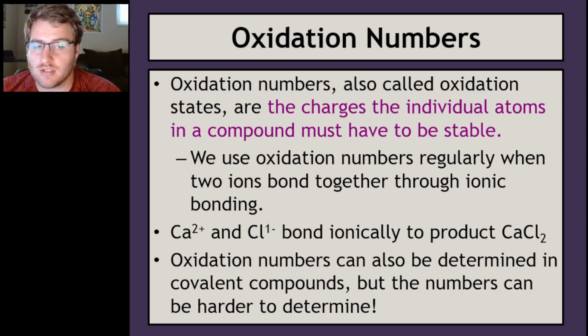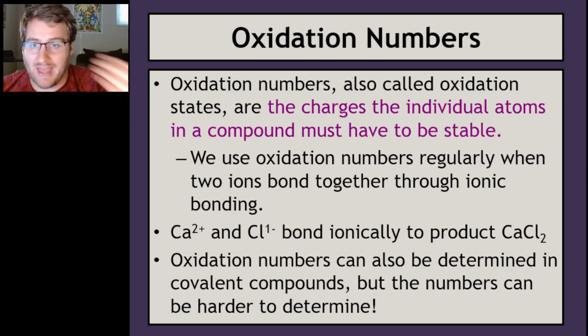We use oxidation numbers regularly when two ions bond together through ionic bonding. So, we have some calcium and chlorine. I have calcium 2 plus, chlorine 1 minus, and those charges basically tell you what needs to happen for that to be satisfied. This calcium needs to lose 2 electrons. Chlorine needs to gain 1 electron. So we can figure out the ratio that they need to bond is CaCl2. I need 2 chlorines to take the 2 electrons away from calcium.